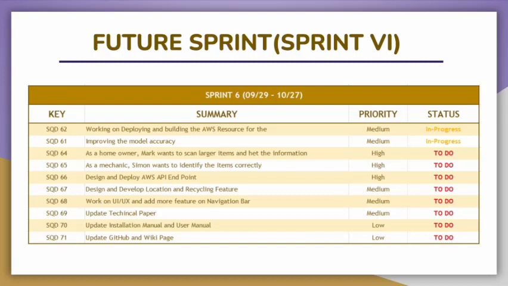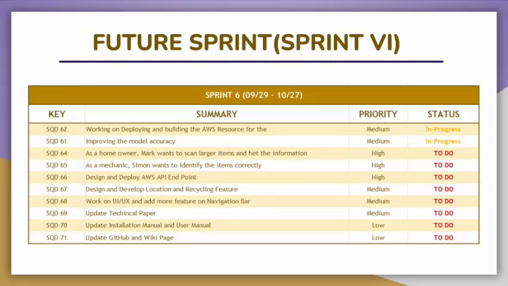We have the spillover stories from this current sprint, which is about the maintainability of the application, and that's about making sure the AWS resources can be easily deployed. And also we have a spillover task from this current sprint, which makes sure the model accuracy is improved substantially.